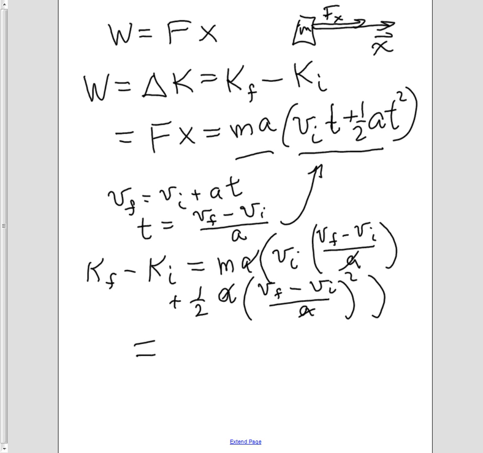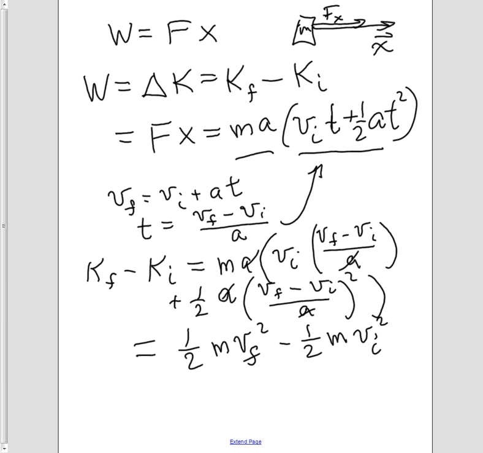And now I will ask you to do the simple algebra here in order to show that this is equal to 1/2 m v f squared minus 1/2 m v i squared.